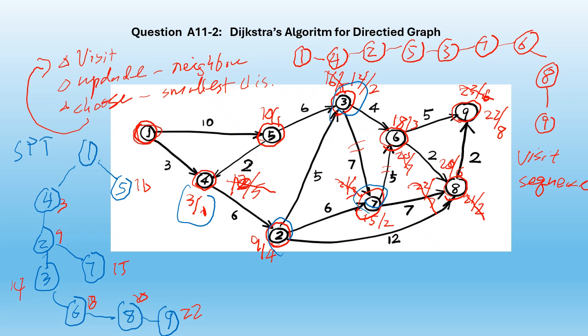Okay, and then from this is 10, so you add up. So then you have 3, 4 to 2, you have 6.